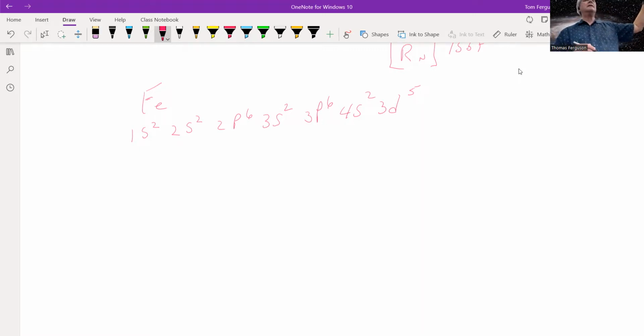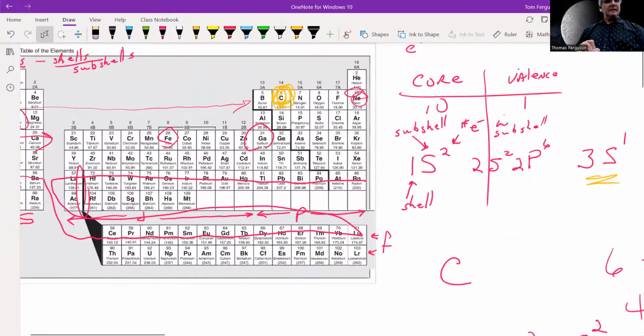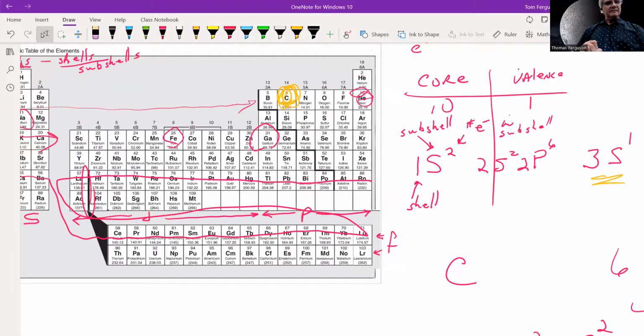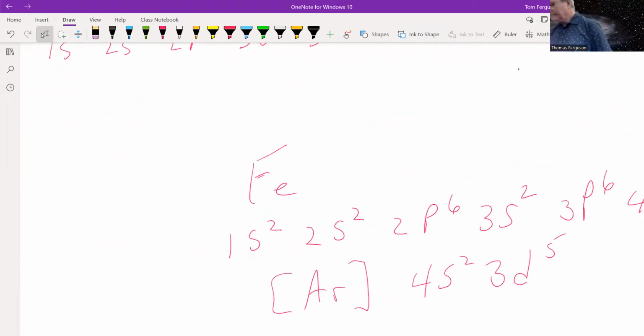It's going to be argon. Six N. Okay, so that's the abbreviated one.